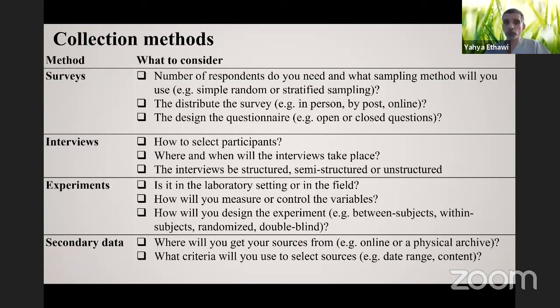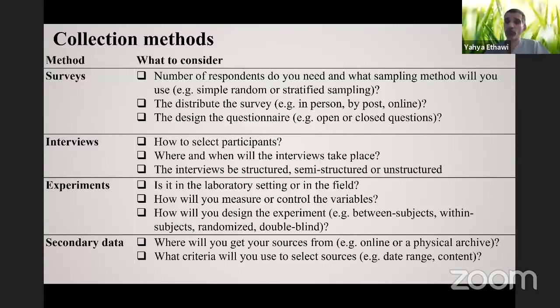The main issues of the survey are how to get the response of people and how to reach them, by person, post, online. So the most important part of a survey is how to design the questionnaire and how to reach the respondent. While in the interview, how to select the participant is important.